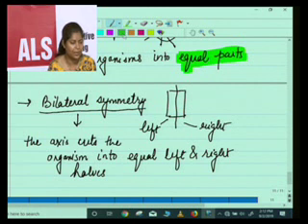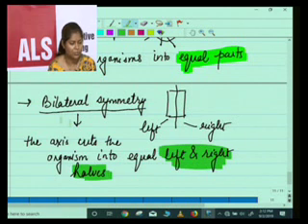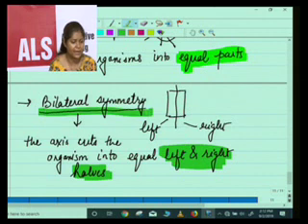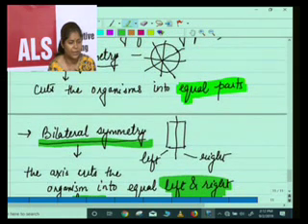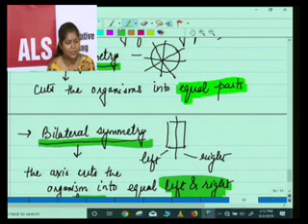So left and right half is of more importance when we talk about bilateral symmetry, and radial symmetry is equal parts.